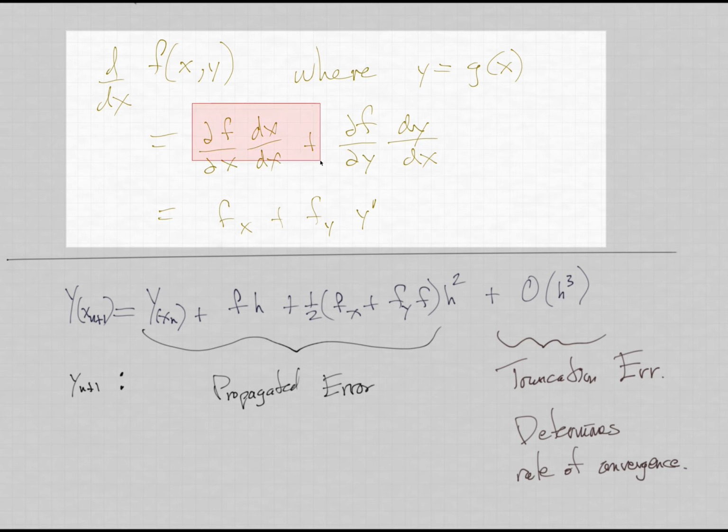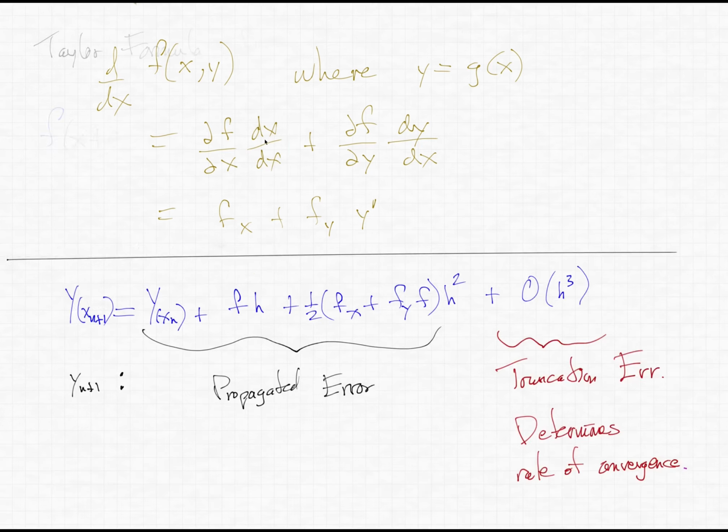You may remember this scheme from Calc 3, that to get the total derivative, you take each partial derivative of f and then multiply each partial derivative by the corresponding ordinary derivative. So if we want to differentiate with respect to x, we first differentiate f with respect to x and then multiply by the derivative of x with respect to itself, right? Because the input here is x.